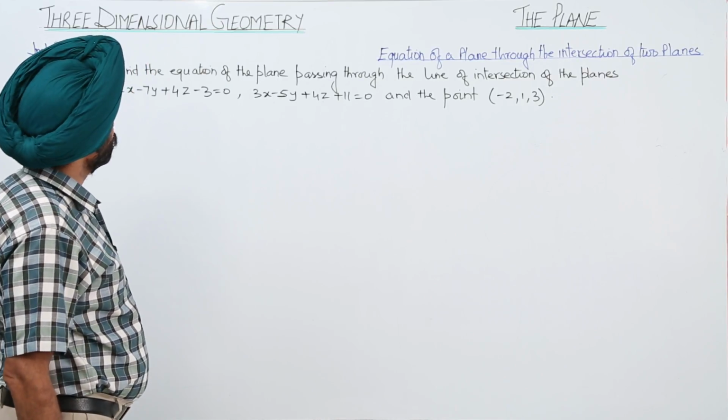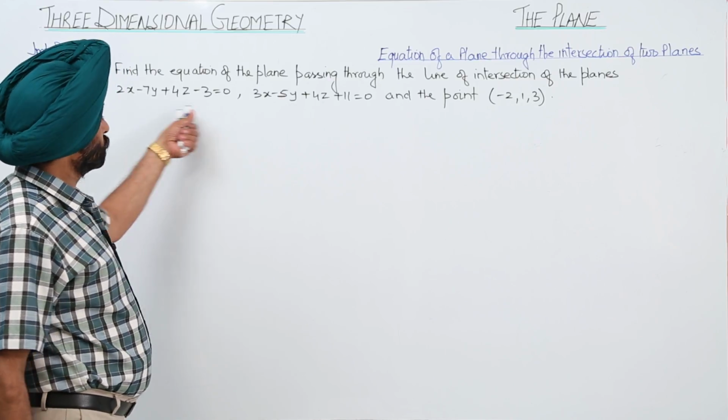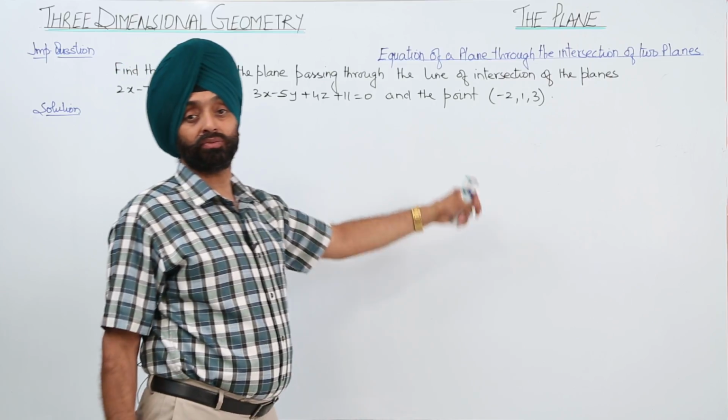We have to find the equation of the plane passing through the line of intersection of the two planes and the point (-2, 1, 3).